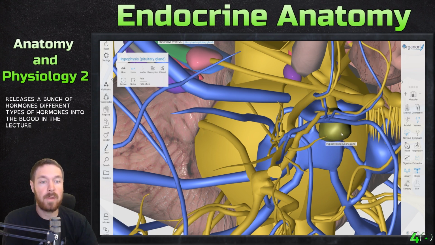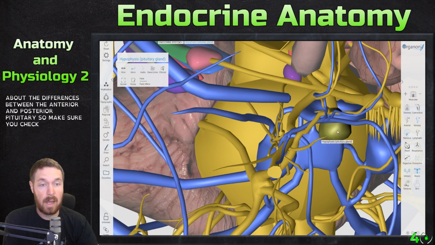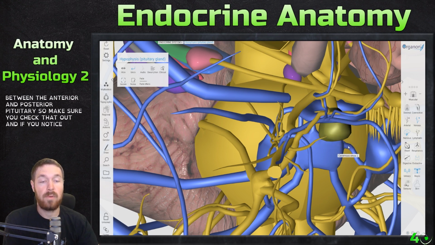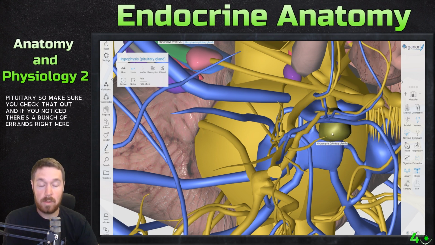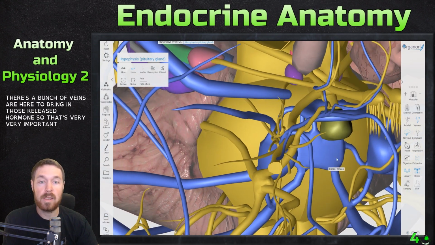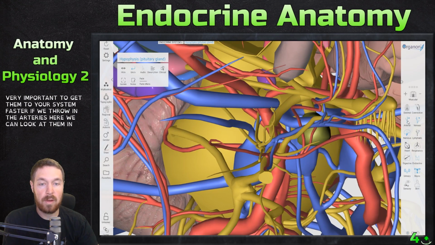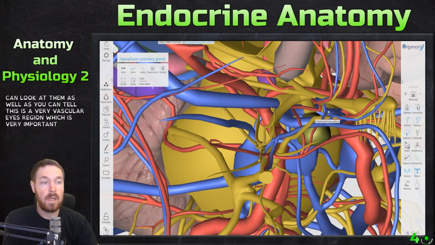In the lecture, we talked about the differences between the anterior and posterior pituitary, so make sure you check that out. And if you notice, there's a bunch of veins right here to bring in those released hormones. That's very, very important to get them to your system faster. And if we throw in the arteries here, we can look at them as well. As you can tell, this is a very vascularized region, which is very important in this process.